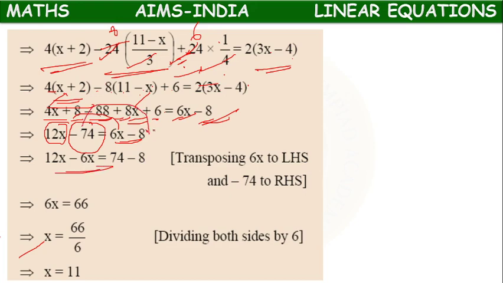Minus 74 taken to this side becomes plus 74. 12x minus 6x is 6x, 66. Both sides divided by 6. Now 6 cancels, left side x, right hand side 11. So x equal to 11 is the right answer.